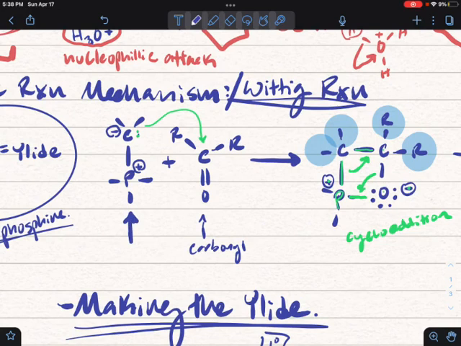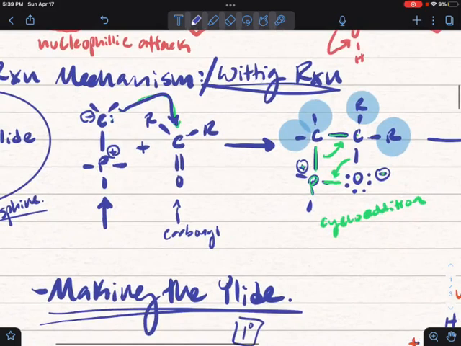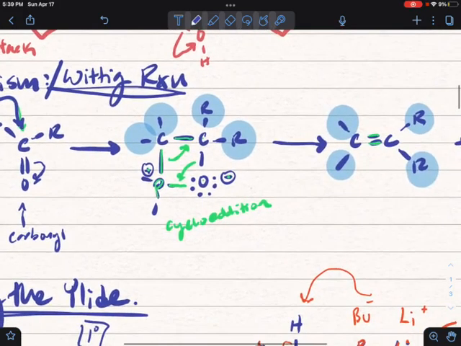And because our ylid has a dipole moment and our carbon has a negative charge, the electrons on the carbon will act as a nucleophile, and those electrons will attack the backside of the carbonyl group, moving the electrons from a double bond connected to the oxygen up to the oxygen, and that will form a somewhat cycloaddition reaction.